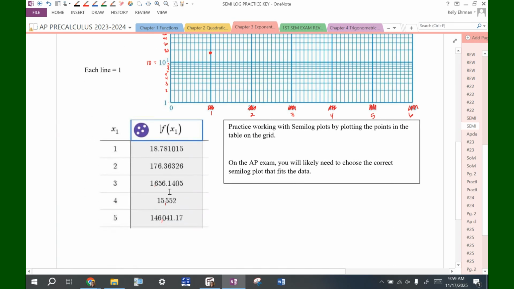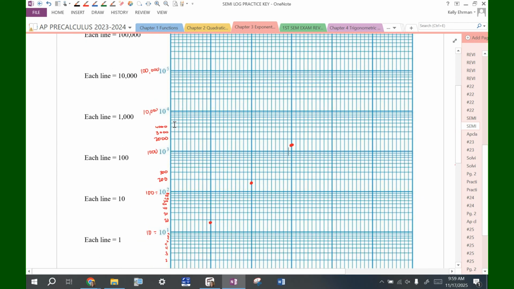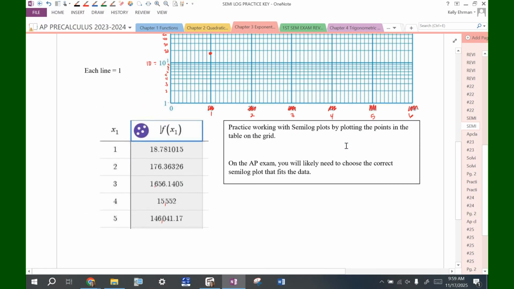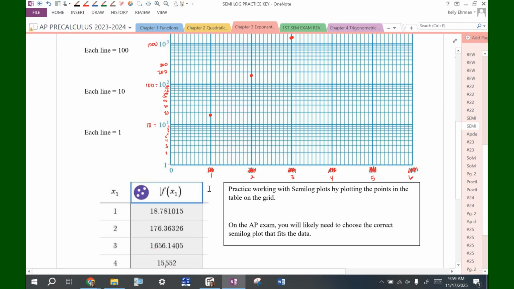What's the next one? 15,500. So 15,000 is between 10,000 and 100,000, and in this section, each line is 10,000. So this isn't very exciting, but you get the general idea. 146,000 is the next one.